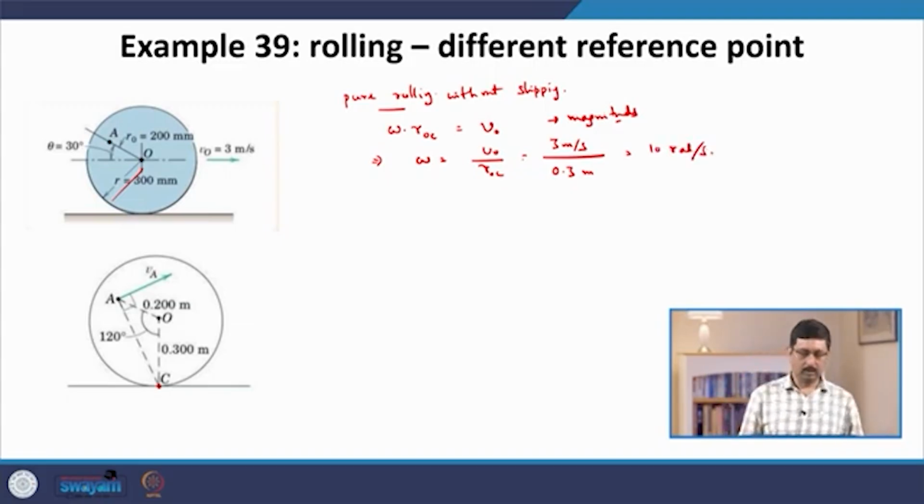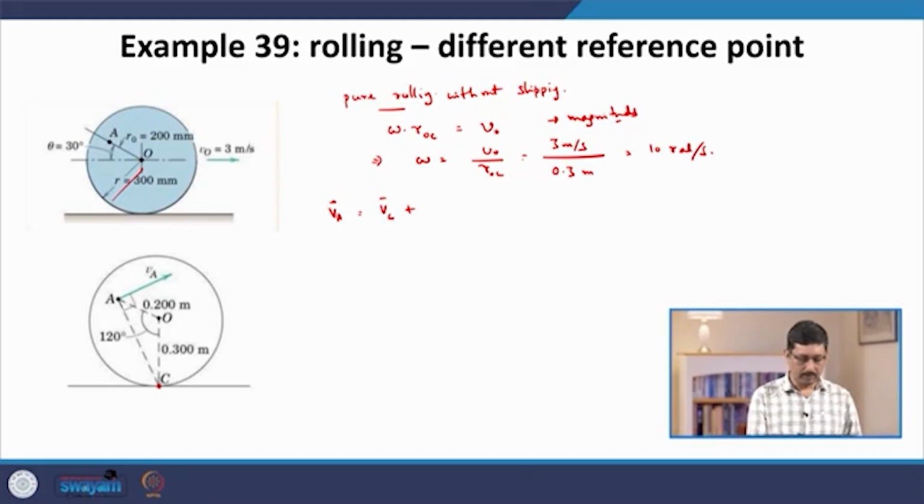Now, we want to write the velocity of the point A. In the previous example we decomposed it as the velocity of a reference point O plus the relative velocity with respect to O. Today we are going to do it with a different reference point.